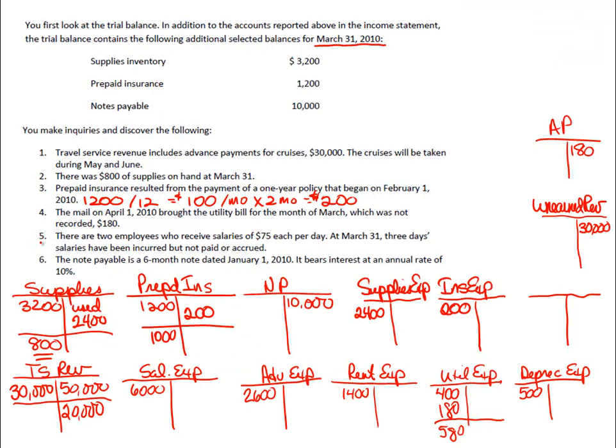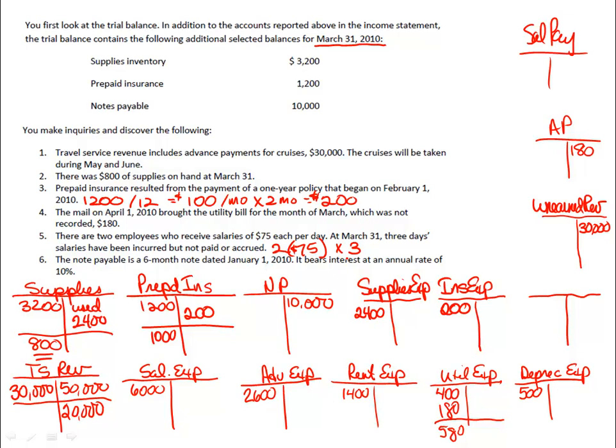Number 5. There are 2 employees who receive a salary of $75 each day. As of March 31st, 3 days of salaries have been incurred but not yet paid or accrued. And that's where we debit salaries expense and credit salaries payable, isn't it? So I need a salaries payable. Now we have 2 employees who each make $75 a day or $150 a day for the 2 of them, and we've incurred 3 days, Monday, Tuesday, and Wednesday.